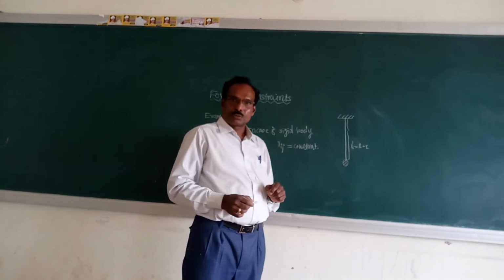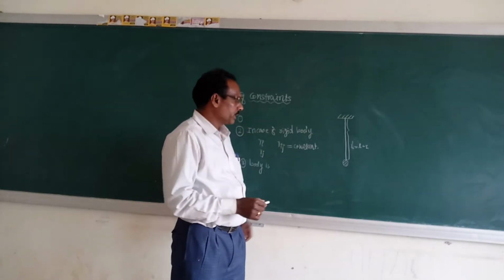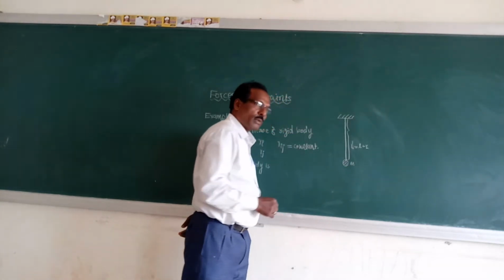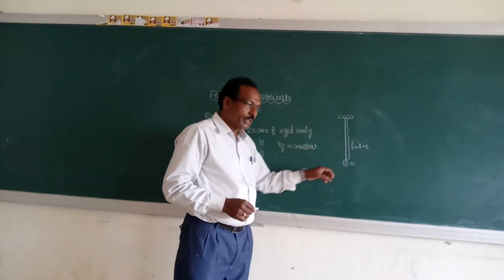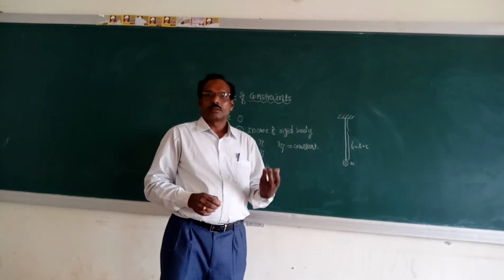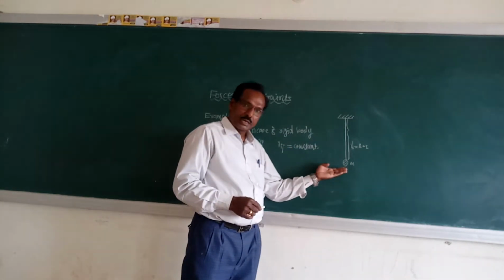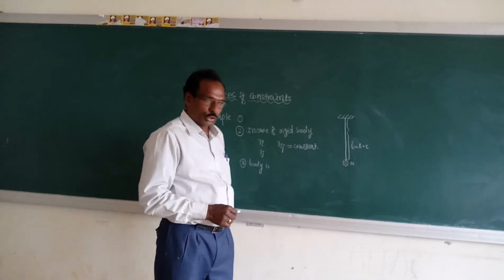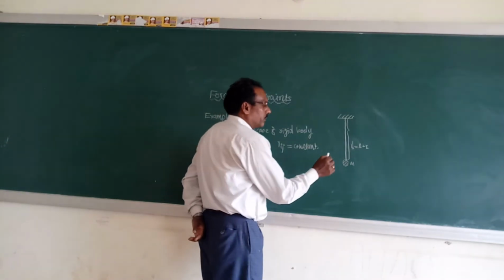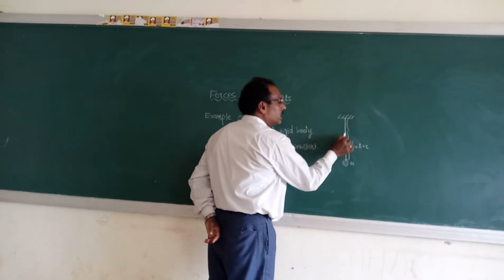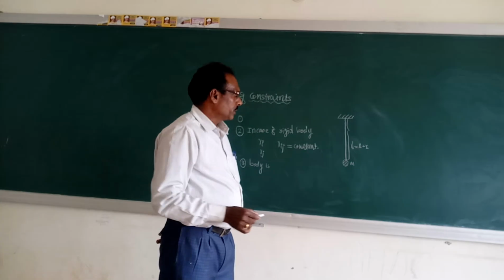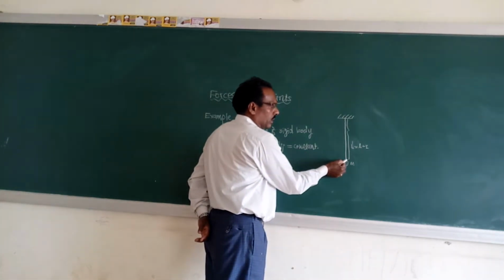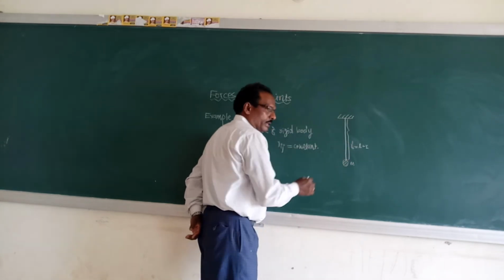Now we have discussed this before also. Here this is a ball of mass m, or a point mass, and its weight is acting in a downward direction. As a result, there exists a tension, a force along this thread.